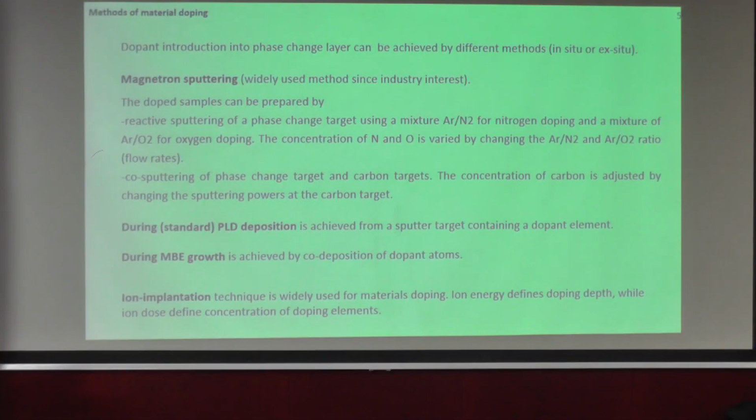Another very widely used method is ion implantation. We consider this, and here you can use different ions to dope or insert these impurities, doping elements, into your phase change materials.